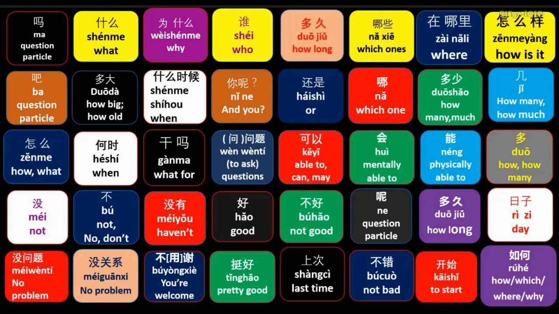The word for I is 我. The word for can, to speak, as in mentally able to, 会. 我会 speak Chinese. 我会 speak English. 我会 speak Shona. 我会 speak, what other language is funny?